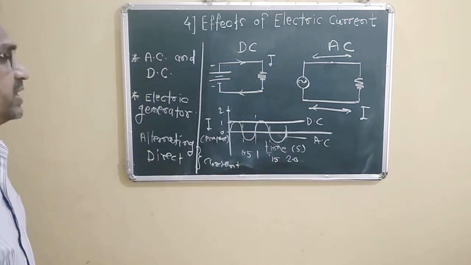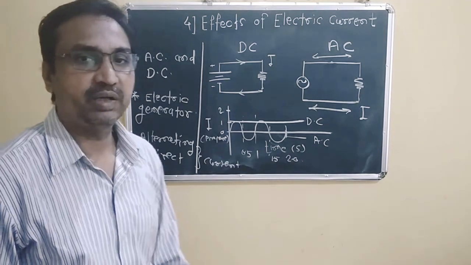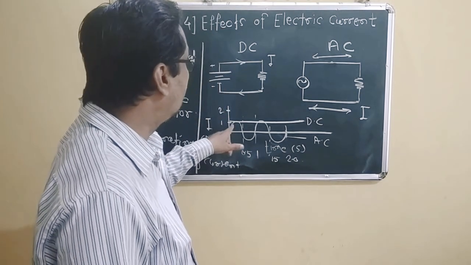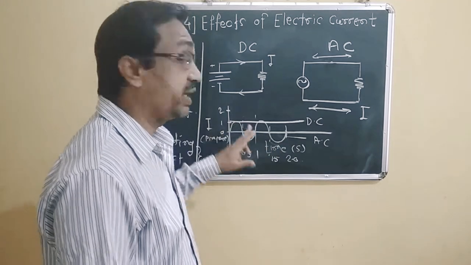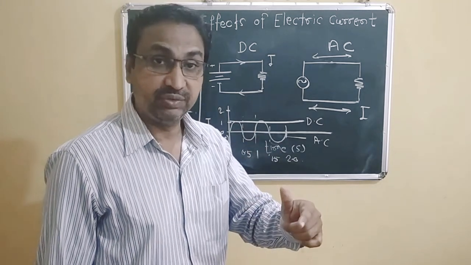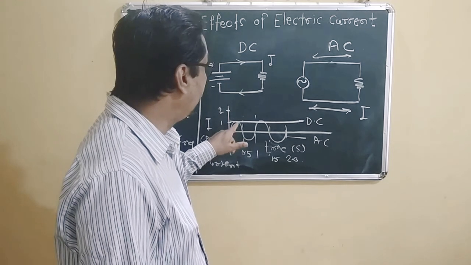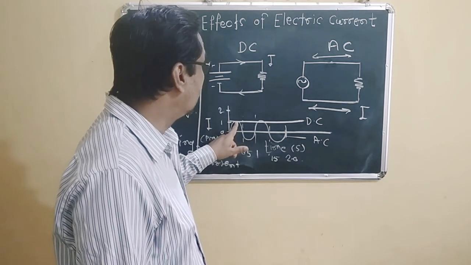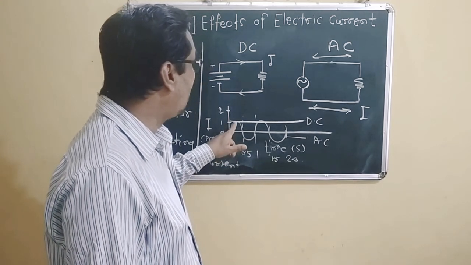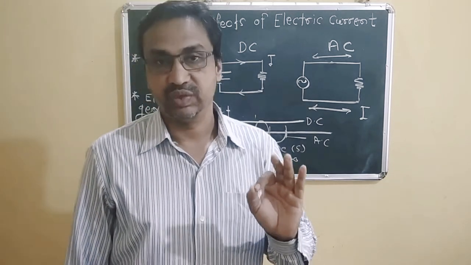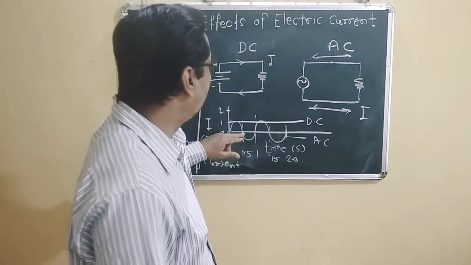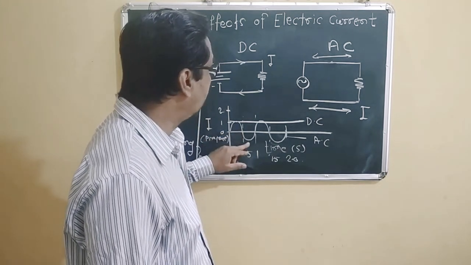So what is the main difference between alternating current and direct current? Alternating current is fluctuating and changes its magnitude. It reaches a peak here, and after that it goes down, which means its value decreases, on either side also.